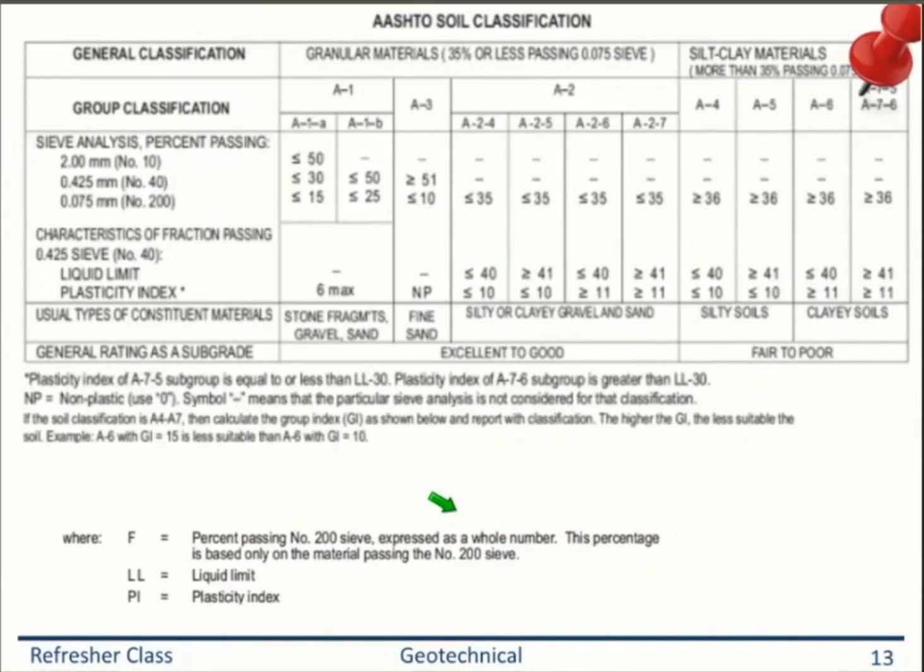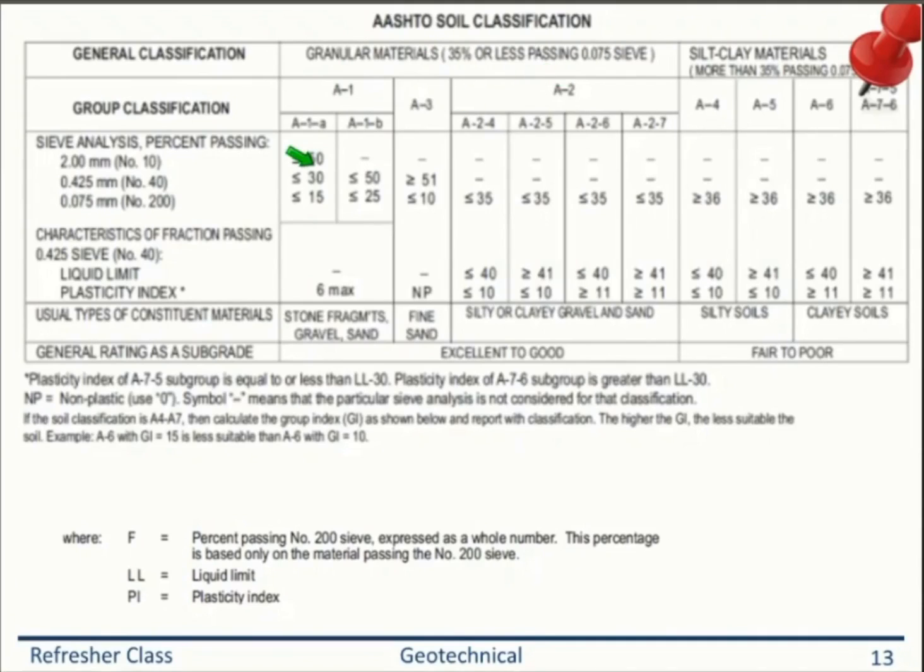This is your AASHTO classification table. The first thing here under general classification, look at here. If the percentage passing through the number 200 sieve, that means the 0.075 millimeter sieve, right? That is the 0.075 millimeter sieve, meaning the number 200 sieve. If the percentage passing through the number 200 sieve is less than or equal to 35%, then your soil could be A-1, A-3 or A-2.